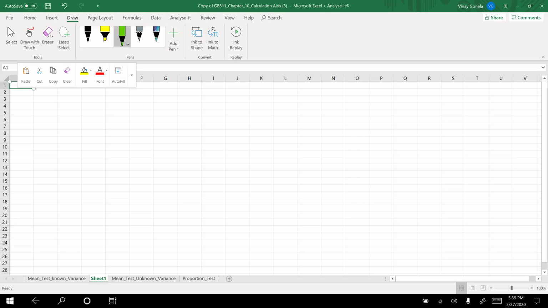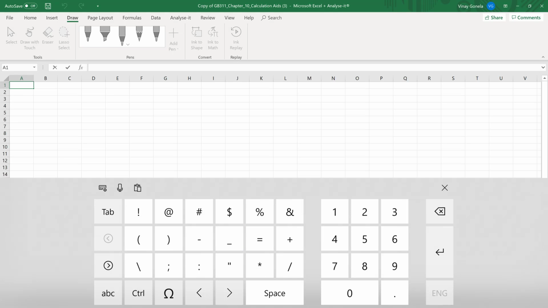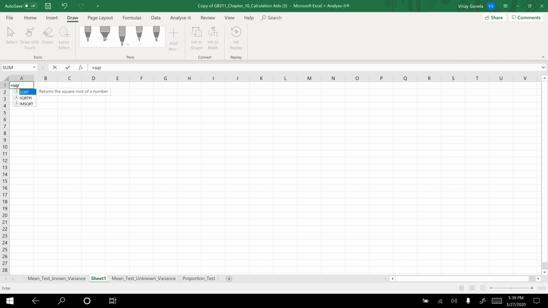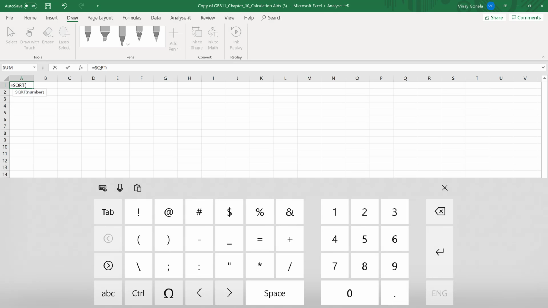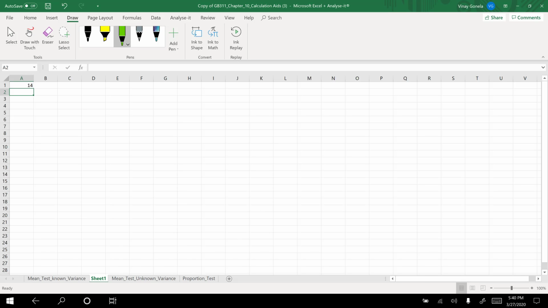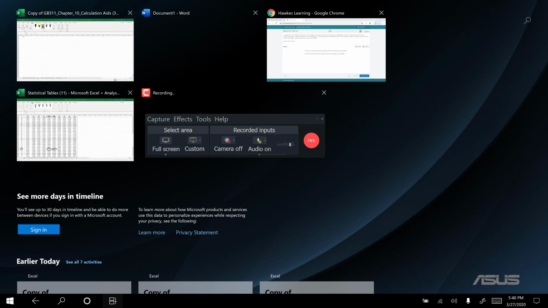Square root of 196, I think it should be 13 maybe. Square root of 196 is 14. Okay, so it is 14.